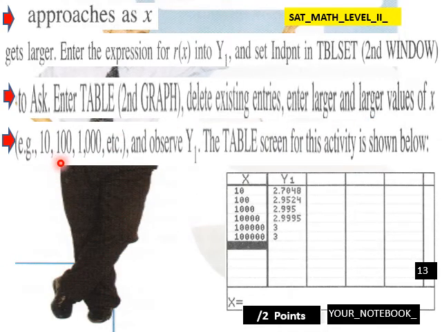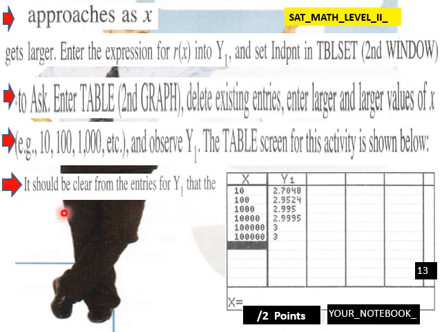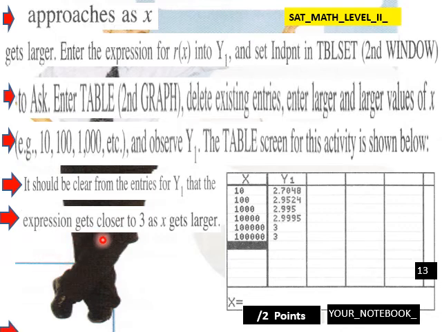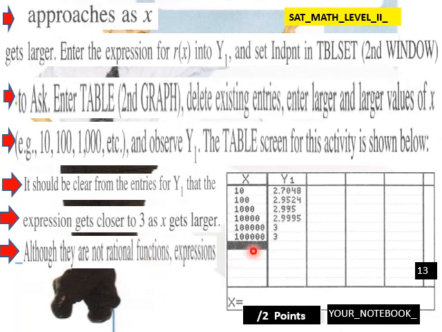For example, 10, 100, 1000, and observe y1, which settles on 3. The table screen for this activity is shown below. It should be clear from the entries for y1 that the expression gets closer to 3 as x gets larger.